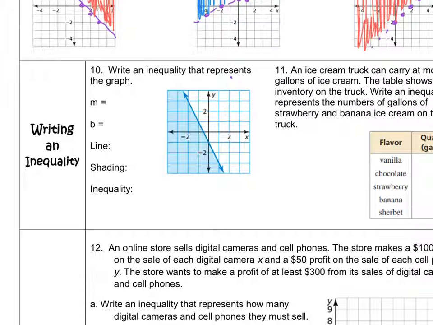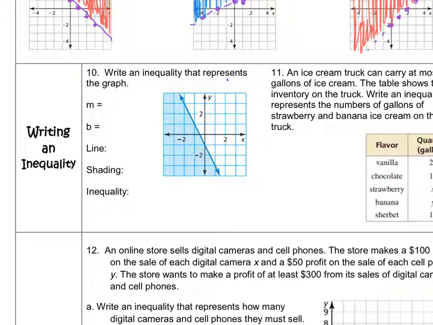Okay, so this next one gives us a graph and asks us to write the inequality that represents it. You can go about this a couple of ways. First way you could do it is to say, okay, my y-intercept is right here at the -1, and then my slope.